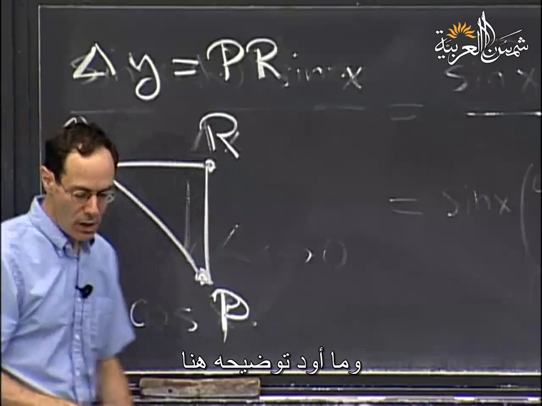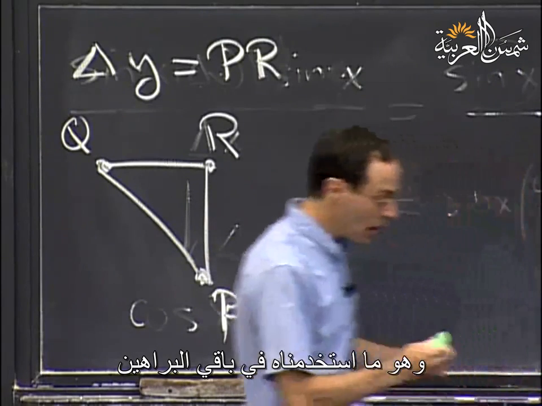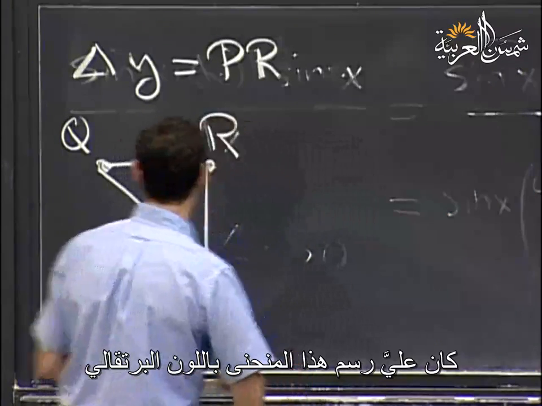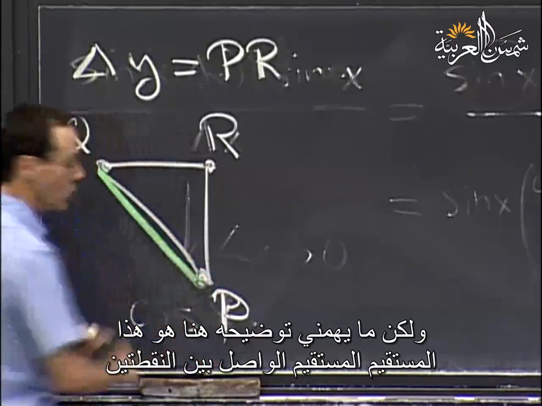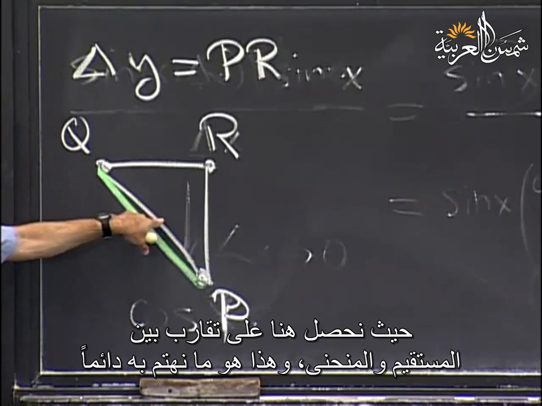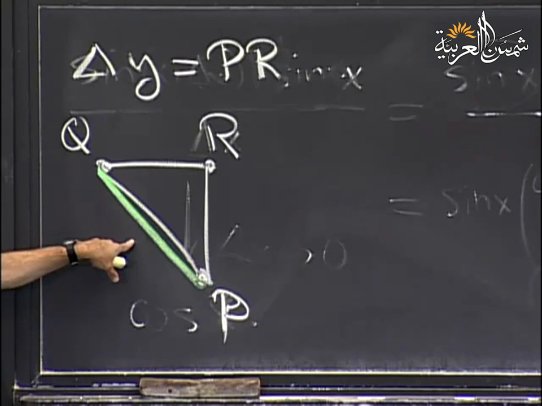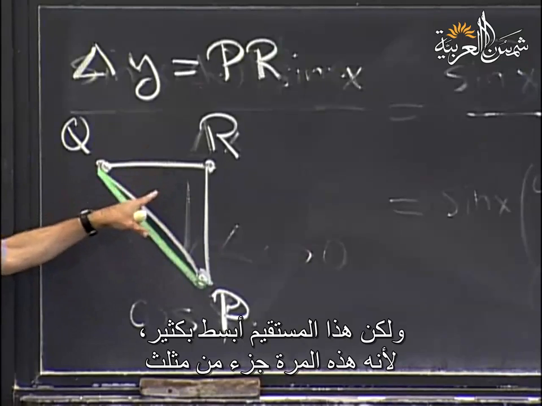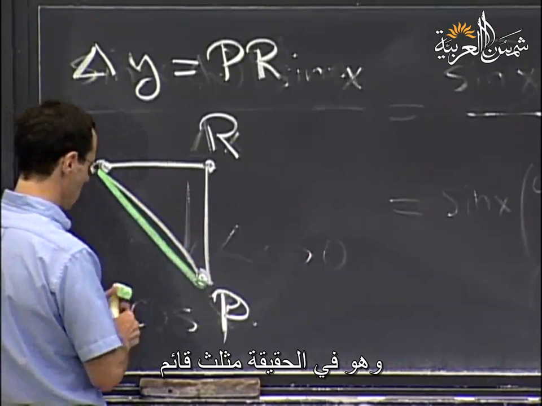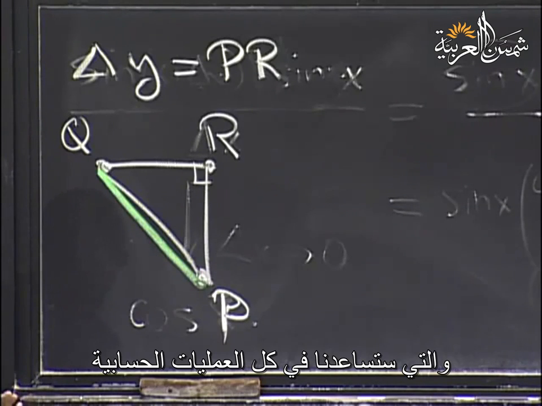But really, what I want to keep in mind is something that I did also in all these other arguments, which is to think of this straight line between. So it's the straight line approximation to the curve that we're always interested in. The straight line is much simpler because then we just have a triangle here, and in fact, it's a right triangle. So we have the geometry of a right triangle, which is going to let us do all of our calculations.